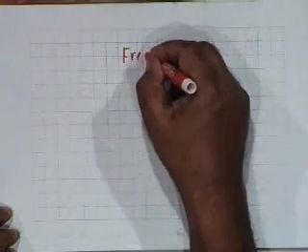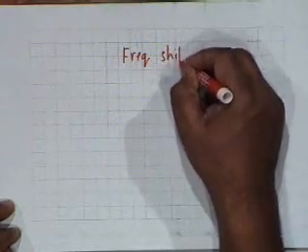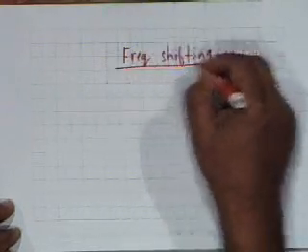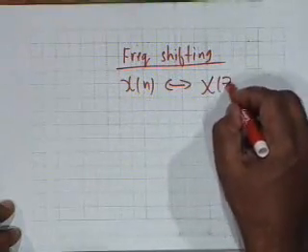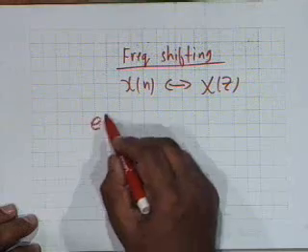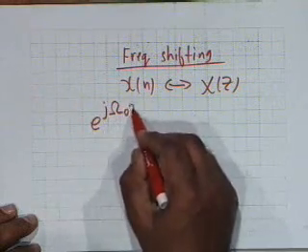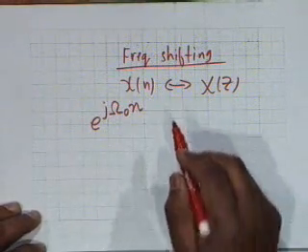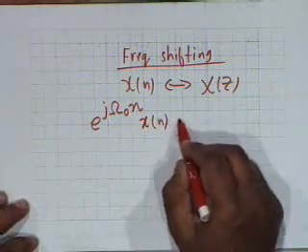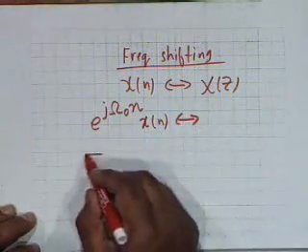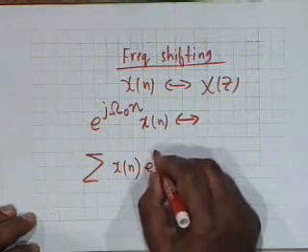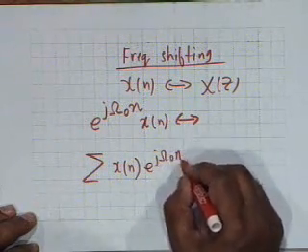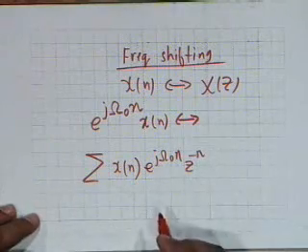Then we say this was time shift. Suppose we shift in the frequency, which means that if x of n is the pair of capital X sub z, then we multiply x of n by a complex exponential, let's say e to the j omega naught n times x of n. Then obviously what happens is summation x of n e to the j omega naught n z to the minus n.